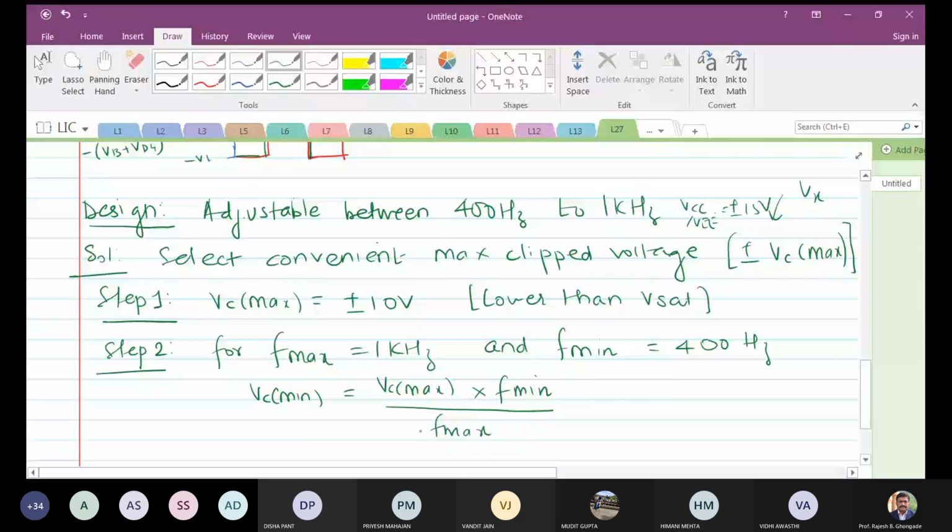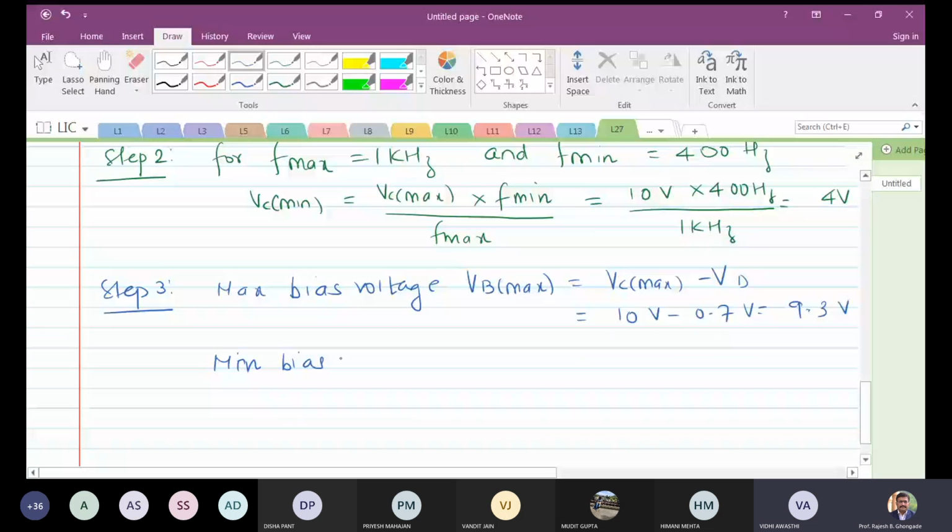Similarly, the minimum bias voltage, VB min, is going to be VC min minus 0.7 again. VC min is 4 volts, which we calculated. 4 volts minus 0.7 gives me 3.3 volts. So this is the range. You can see, depending on this range, I'm going to have a change in the frequency.